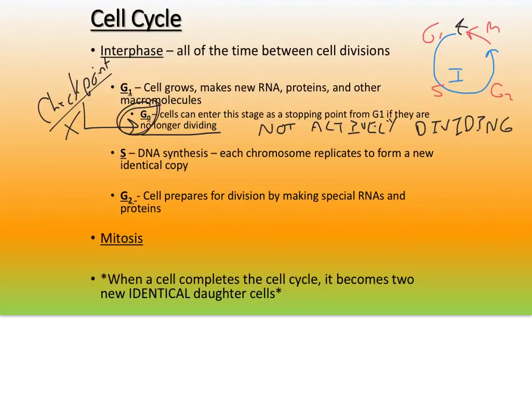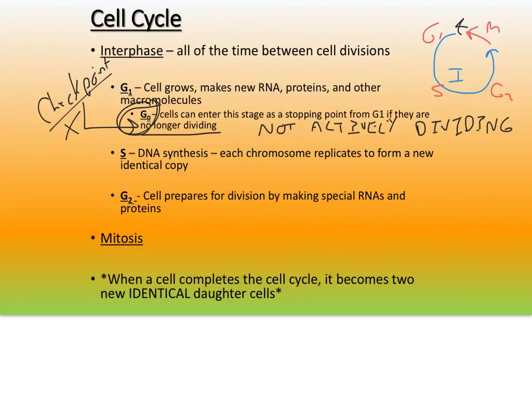Your pancreatic cells that are making insulin are in G0. You don't have any reason for them to be dividing right now, so they're in G0 doing their job. Your liver cells, G0. Your bone cells, because most of you probably won't get much taller, G0. They're doing what they're supposed to do. They're just not dividing right now.